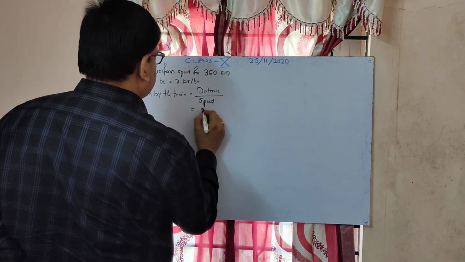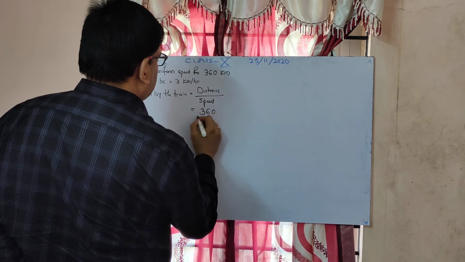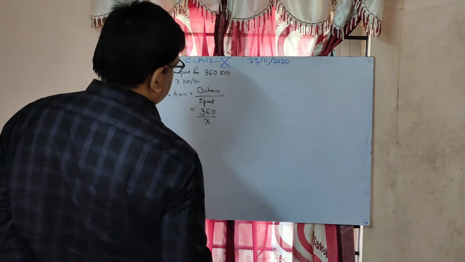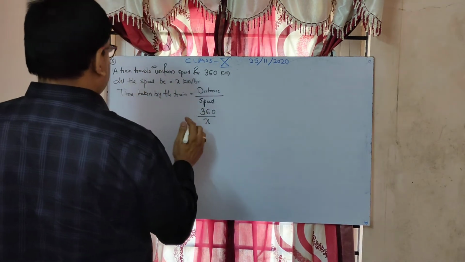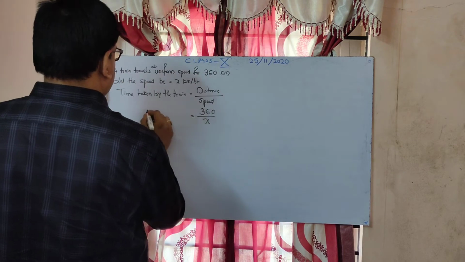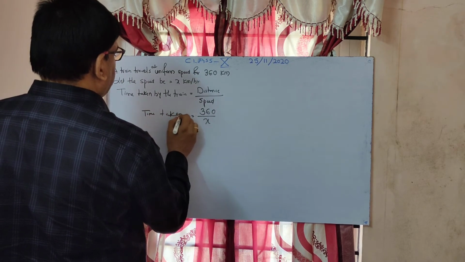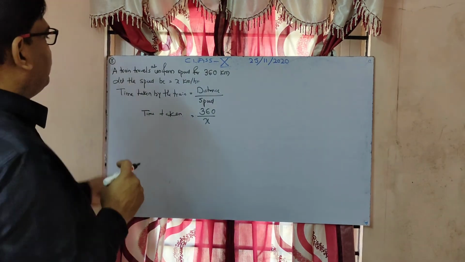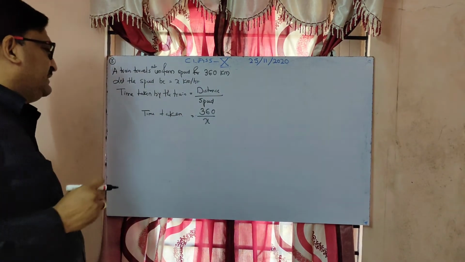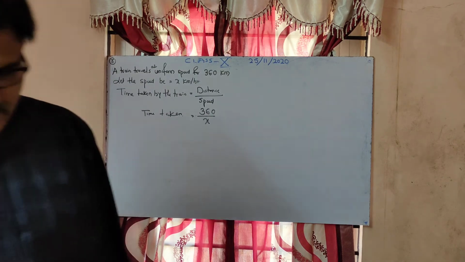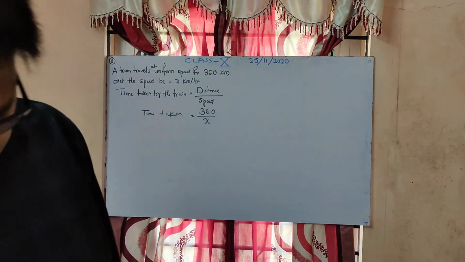So what is the distance here? 360 kilometers. What is speed? That is x. Now this is the time taken by the train with uniform speed, that is 360 divided by x. The first part we have completed.